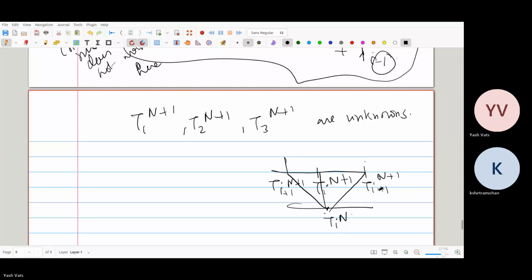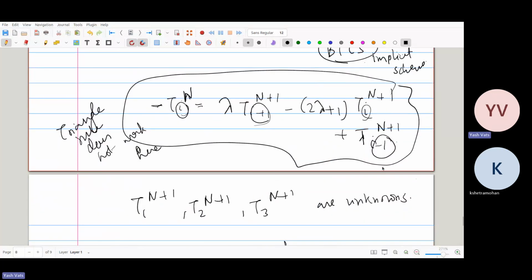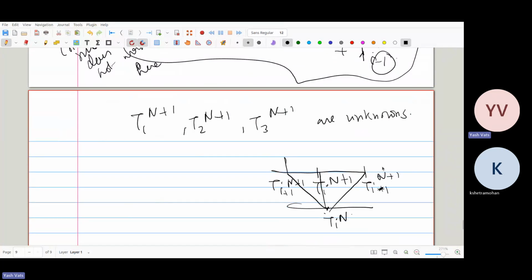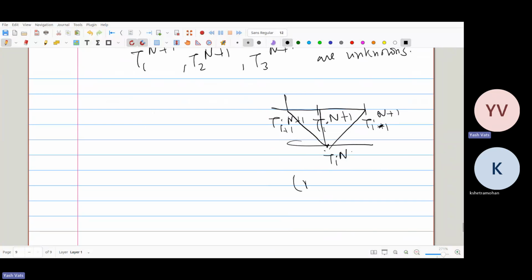So implicit schemes are a bit difficult in that sense, and you have to find these values in this way. You also have to use some sort of boundary conditions in this case.